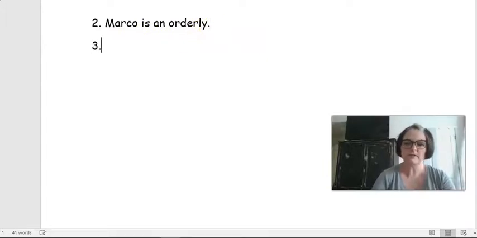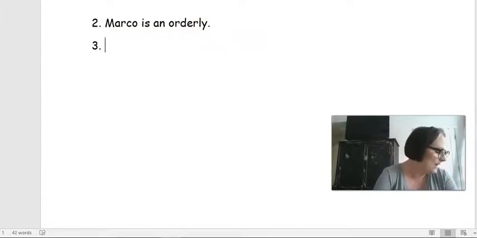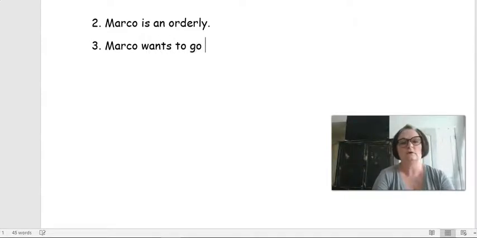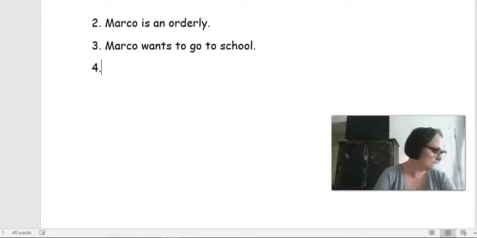Okay, so number 3 says, why is Marco leaving? Why is he wanting to leave? Marco wants to go to school, right? He wants to be a nurse. Who wrote the email?